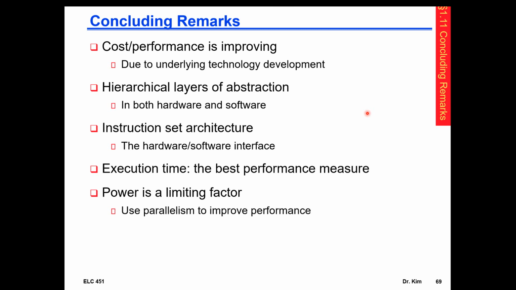Maybe the slope is not as steep as in earlier times, but it still is relevant. Important concepts that we discussed in this chapter: hierarchies and levels of abstraction. The instruction set architecture, to which we're going to devote chapter 2 entirely, is the most important abstraction that you will learn in this course.